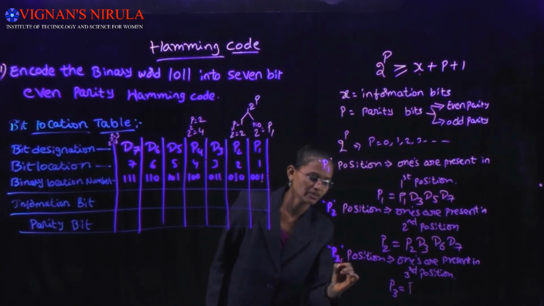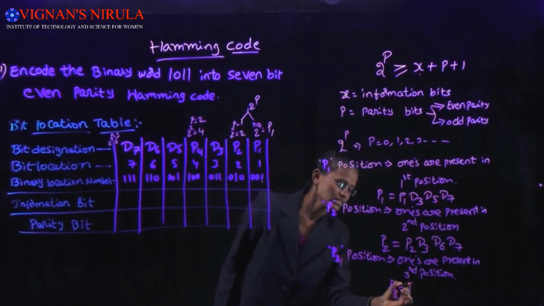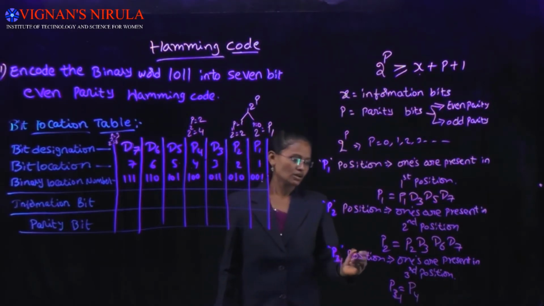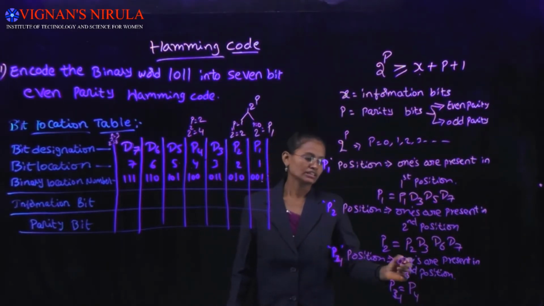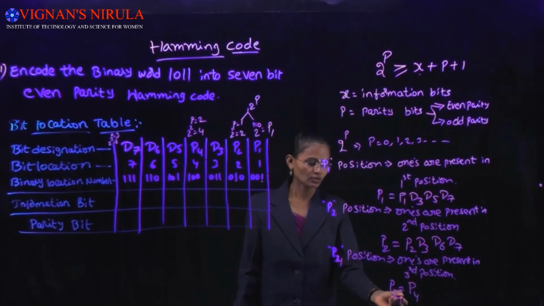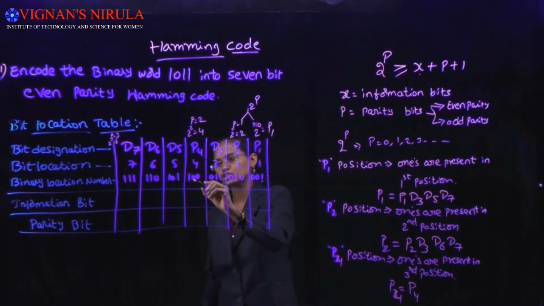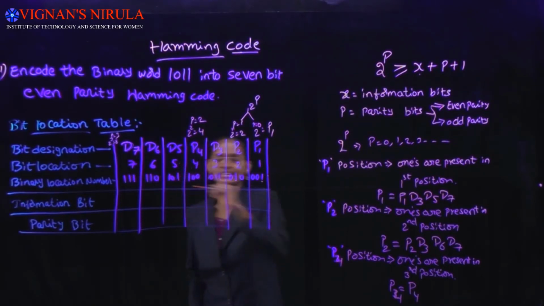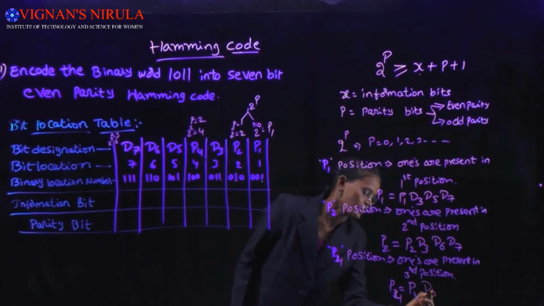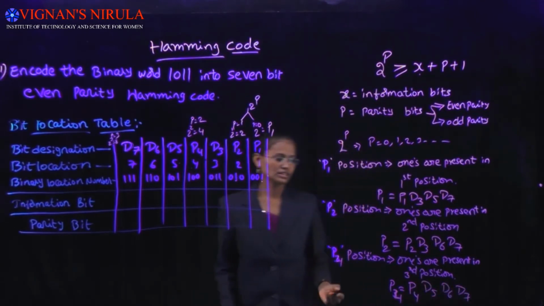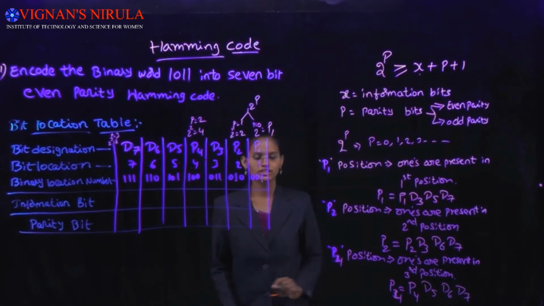Let us see the P4 position. The ones are present in the third position. P4 is 1 in the third position, and D5, D6 and D7. These are the P4 positions.